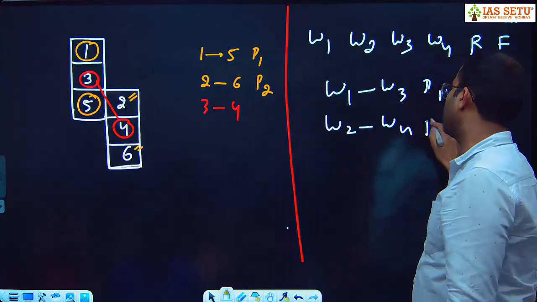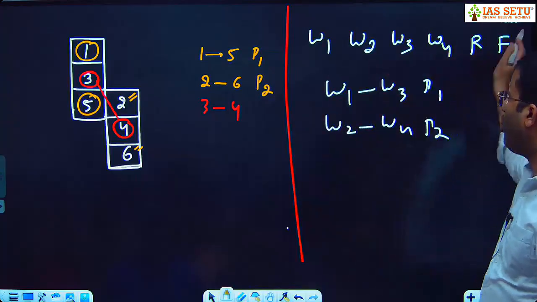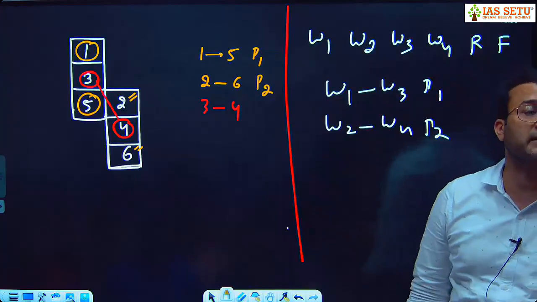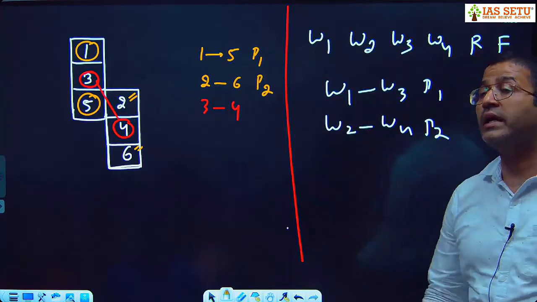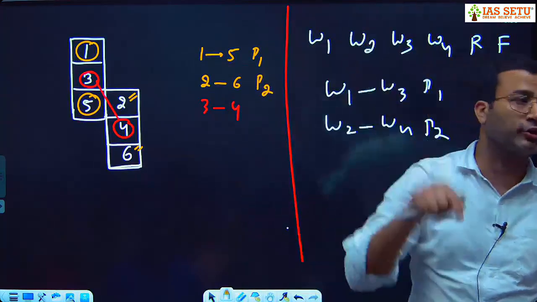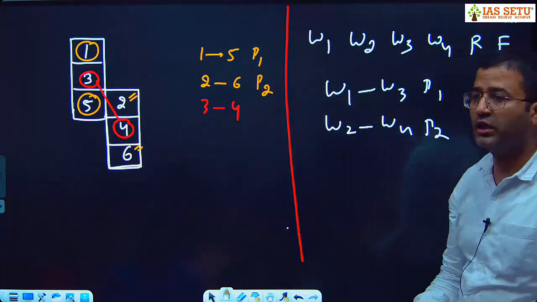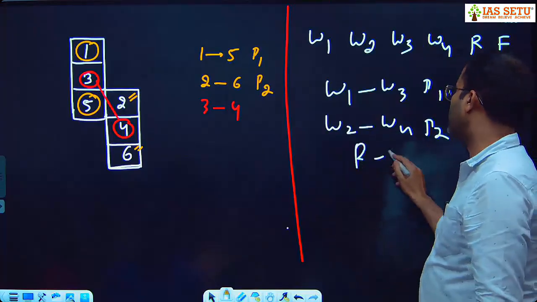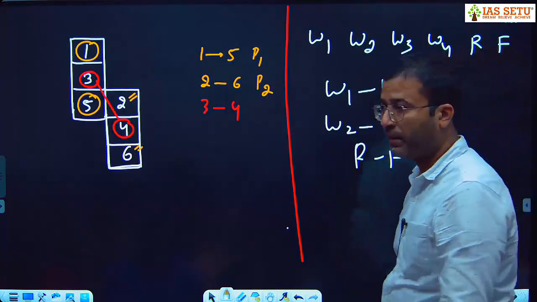Once you know these 2 pairs and all 6 faces, you can easily conclude the third pair. Tell me, what are the remaining 2 faces? Roof and floor. Roof and floor conclude the third pair. Nowhere else do you get the third pair.